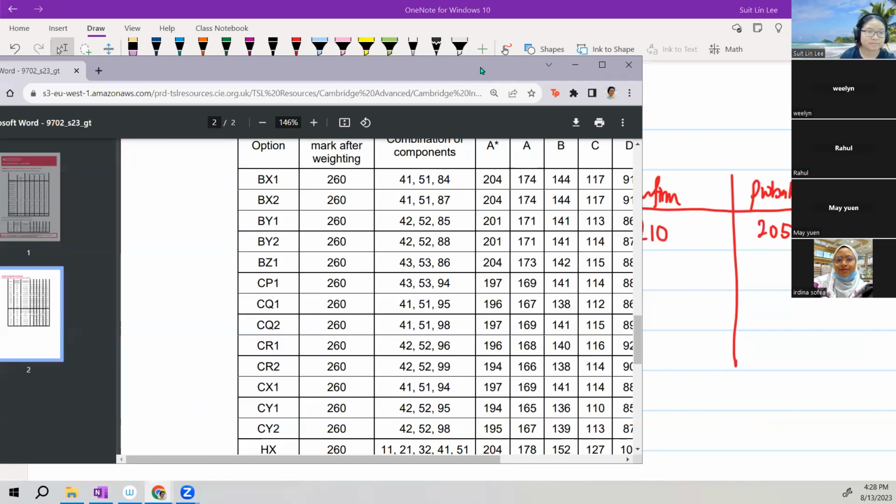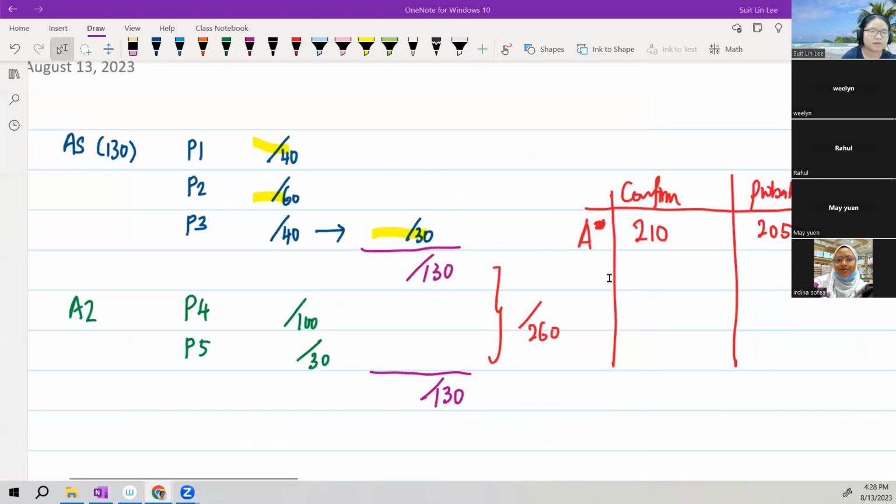Okay. All right. So number two, because the same level of time zone will have the same paper. So probably our paper variant is the same as Hong Kong or Vietnam because the time zone is plus minus 2 hours.